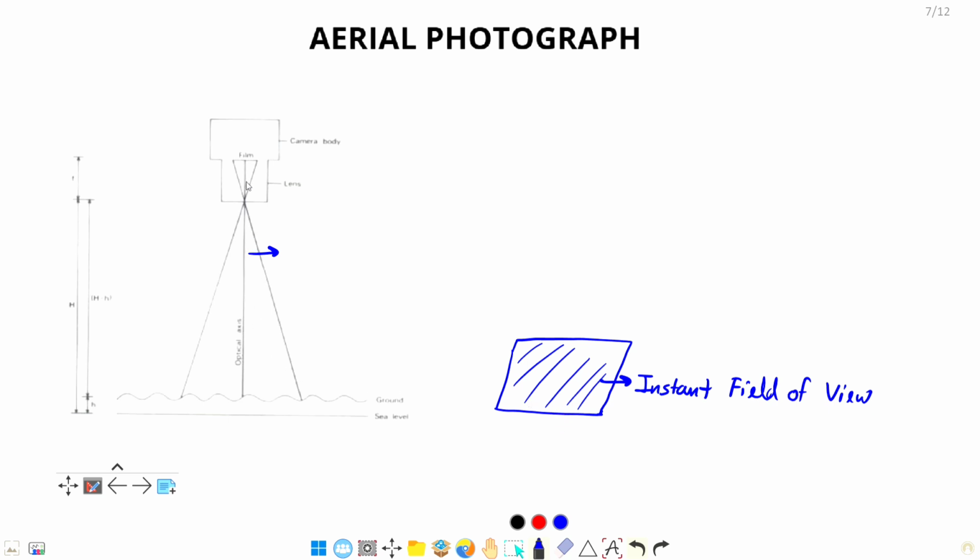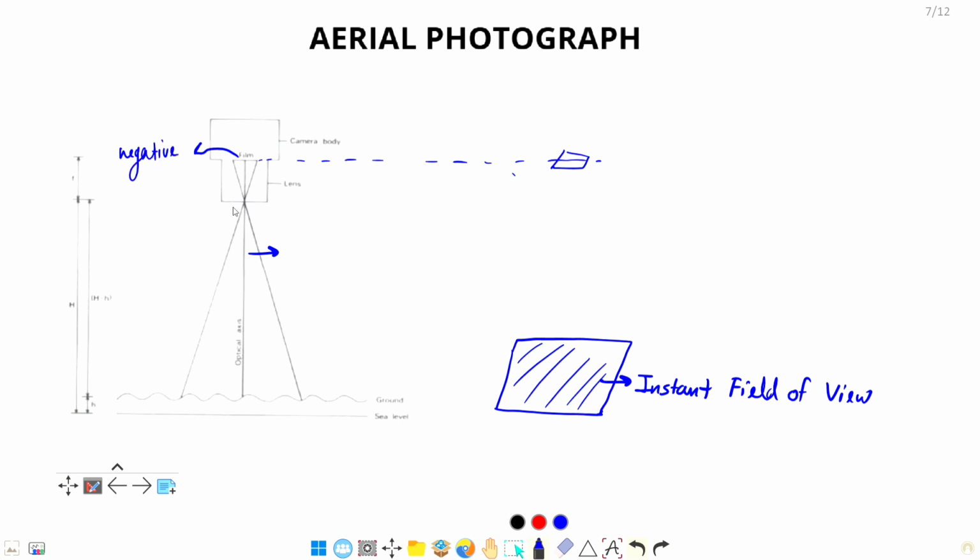Also, you can see that this image is being captured here at the negative plane. So at the negative plane, a photo is being captured. And after processing, what will we get? We will get a positive photo out of it.